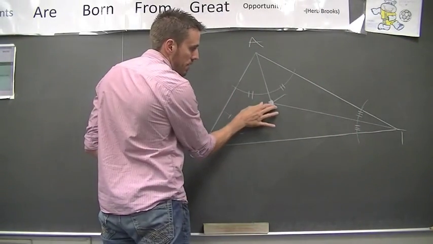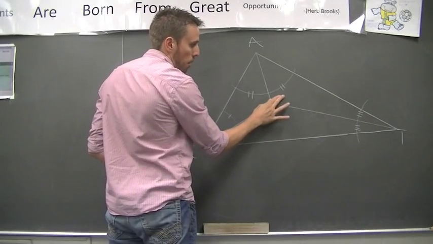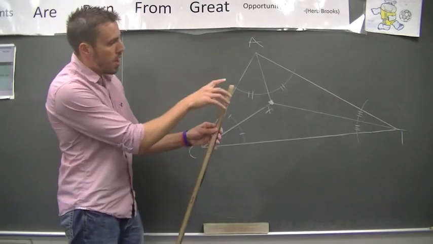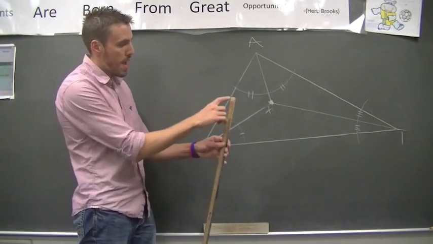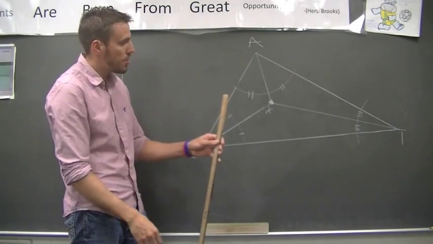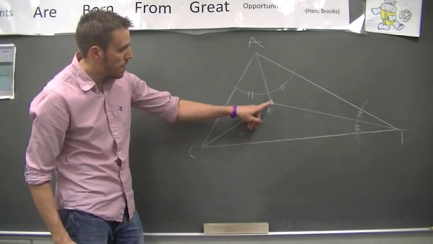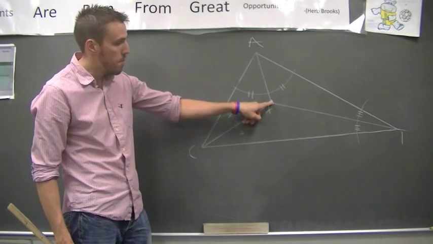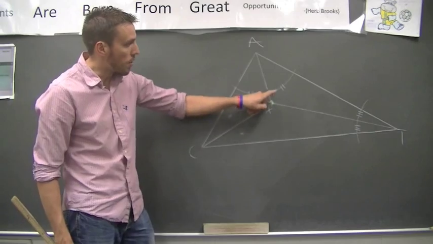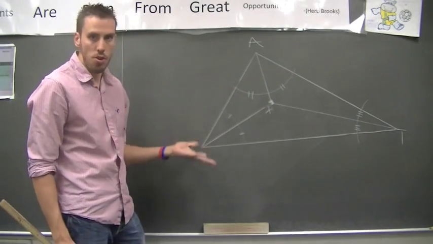Once I have that, this is kind of the tricky part. This is one of the reasons why you need a ruler. Your ruler should have a 90-degree angle that's created at the edge. So you need to find the distance from point X, which is the incenter, to one of the sides of the triangle. It doesn't matter which side because they're all going to be the same.